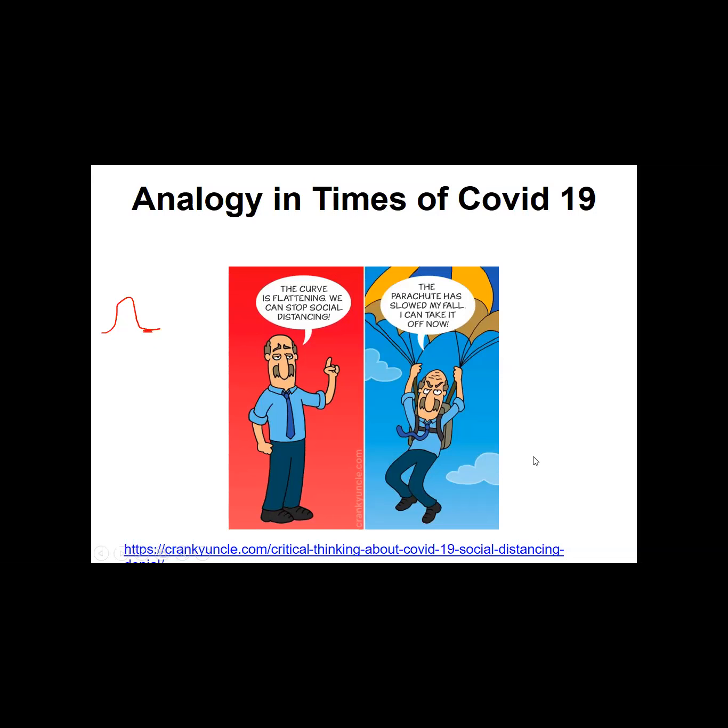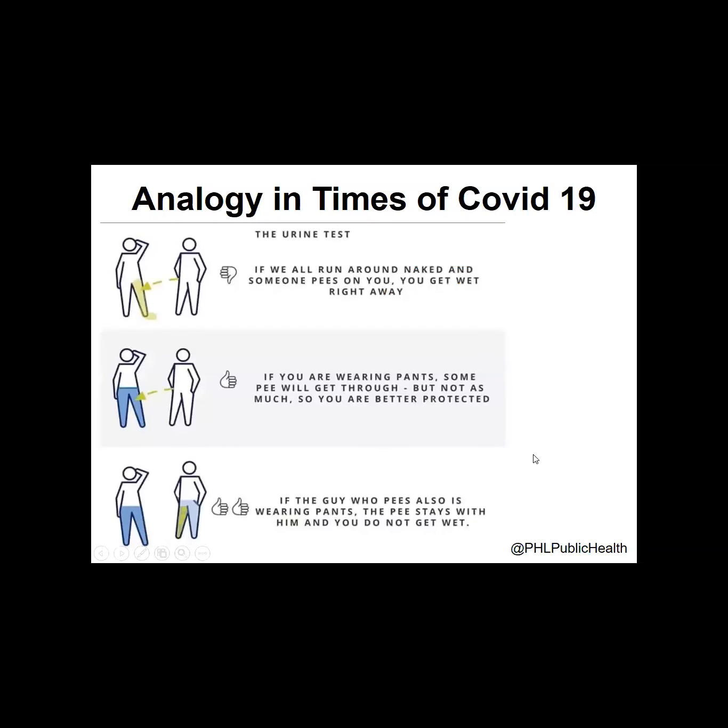Okay. Another analogy in this time of the pandemic is the use of the mask. They compare it to a urine test. If we're all walking around naked and someone pees on you, you get wet right away because there's no mask to prevent that.